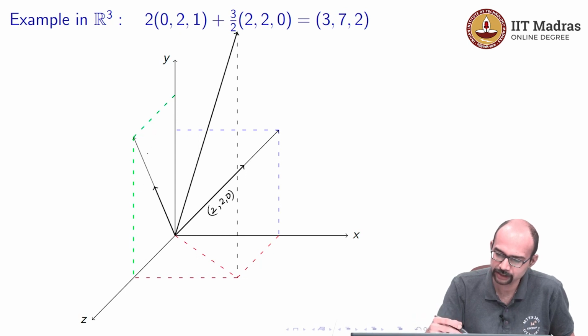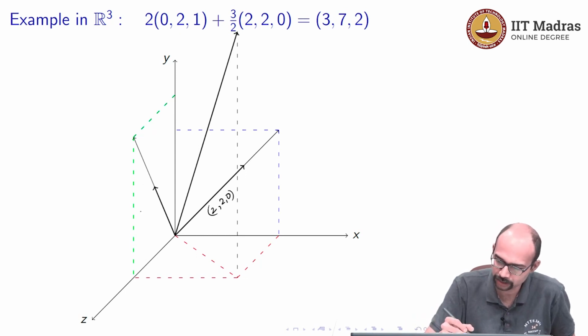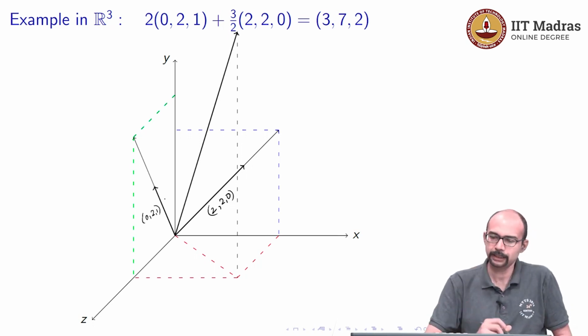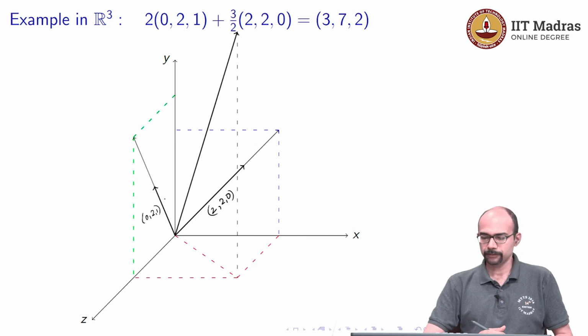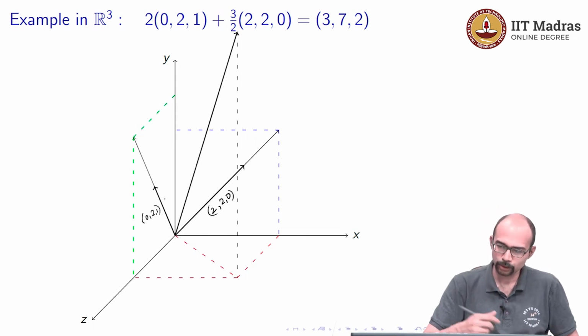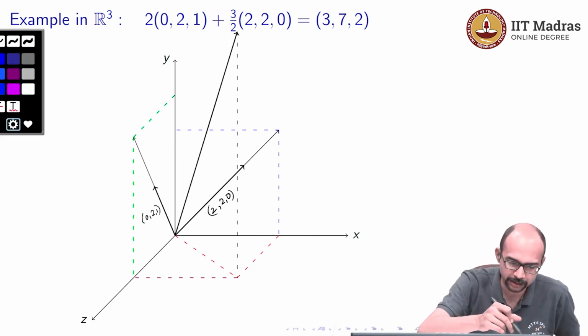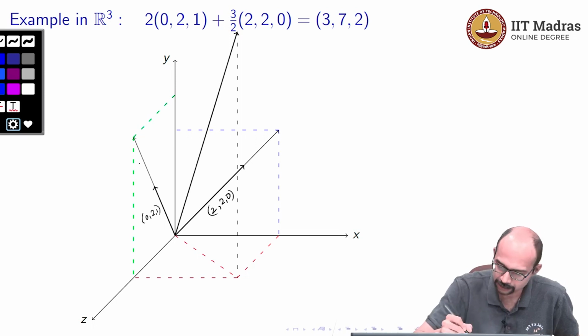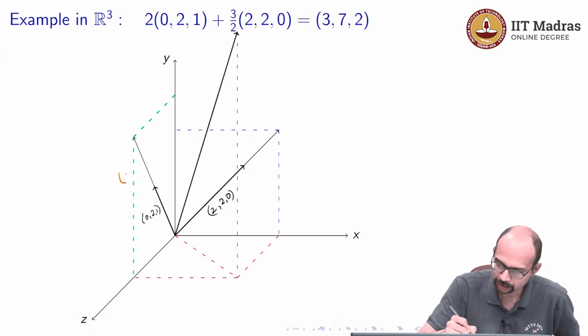On the left side, this is the yz plane. On this we have the vector 0 comma 2 comma 1, and then we scale these. So if you scale this, you get the vector 0 comma 4 comma 2.